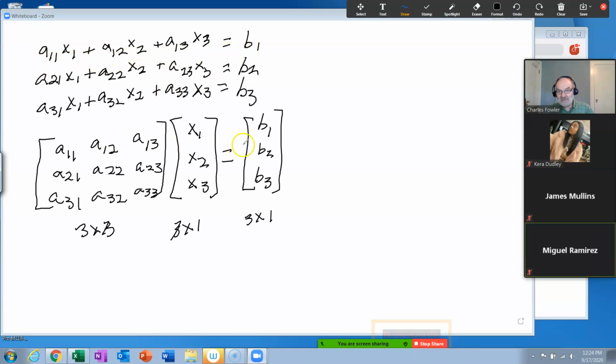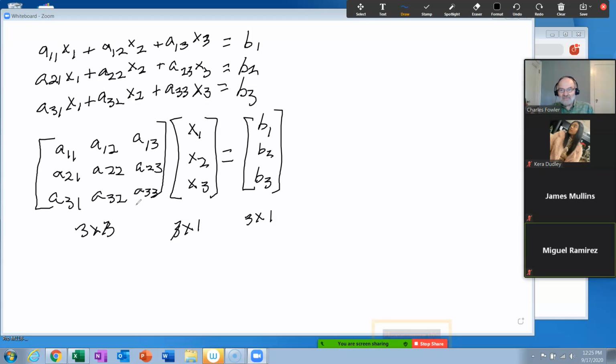And if we did the 2,1 element here, that would be A sub 2,1 x1 plus A sub 2,2 x2 plus A sub 2,3 x3 is equal to b2. That's exactly what the second equation is. And similarly the third. So yes, this is another way to write that system of equations as a matrix product problem, because these are exactly the same representation.